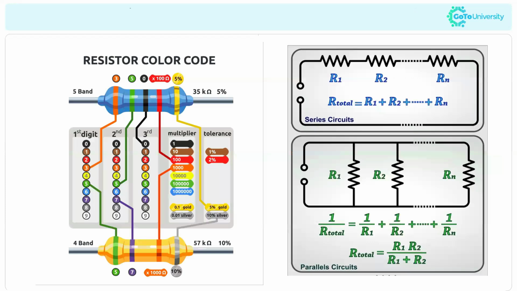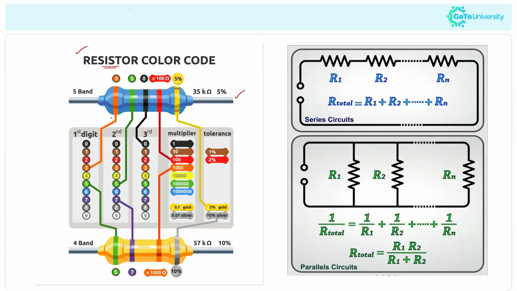So now we are moving to the resistor and how it will behave when it is connected in series and parallel connection. Before that, we have to know how to calculate the value of resistance by using the color code method. So this is representing the type of resistor. In the resistor, usually we will have four or five bands.